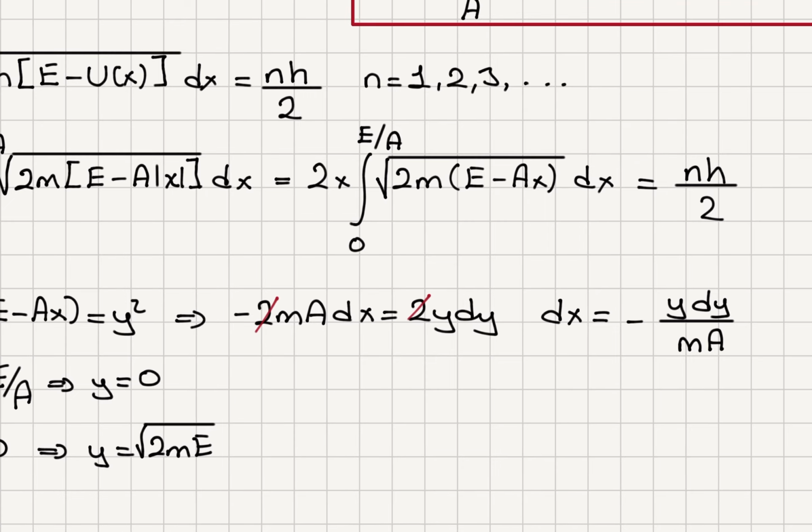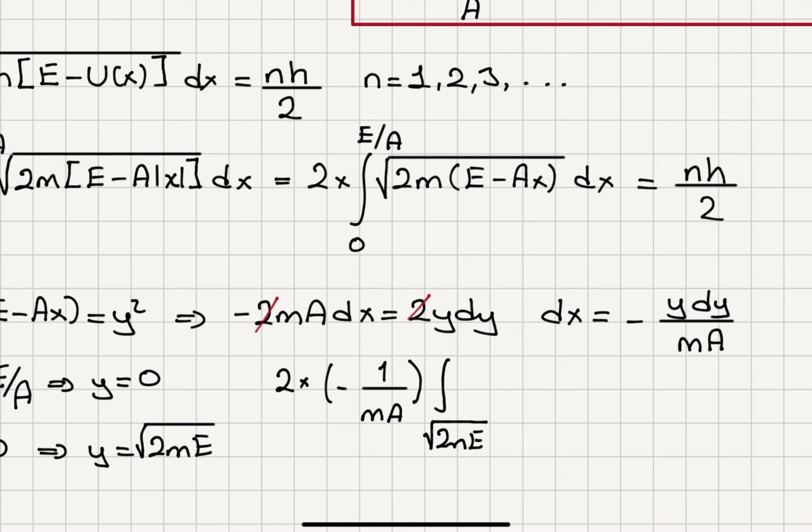All right, so now we're going to rewrite this integral with this transformation. So 2 times the integral. For dx, we're substituting minus 1 over mA times y dy. So minus 1 over mA comes out of the integral. When x is equal to 0, y is the square root of 2mE.